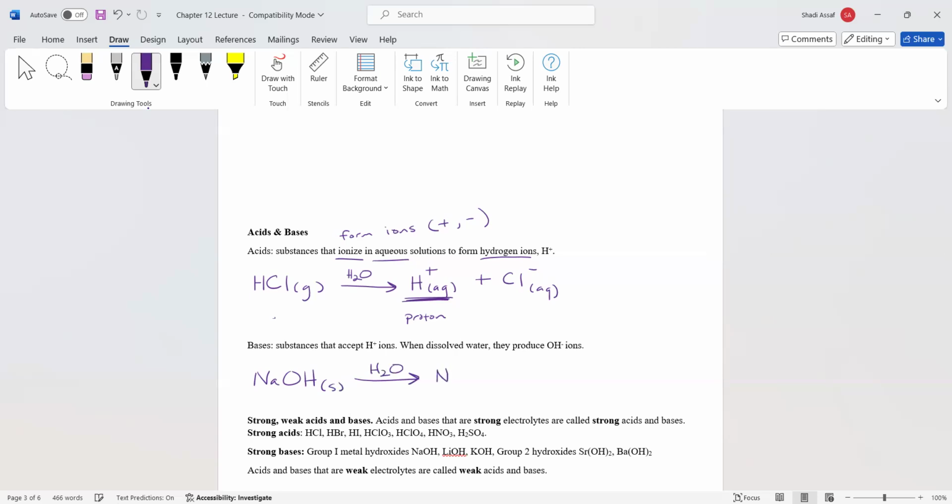It will ionize to produce Na+ and hydroxide ion. So this is what we call hydroxide. Now again, this is stomach acid.